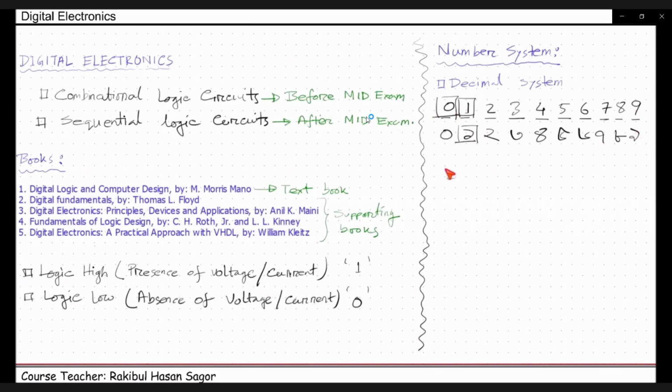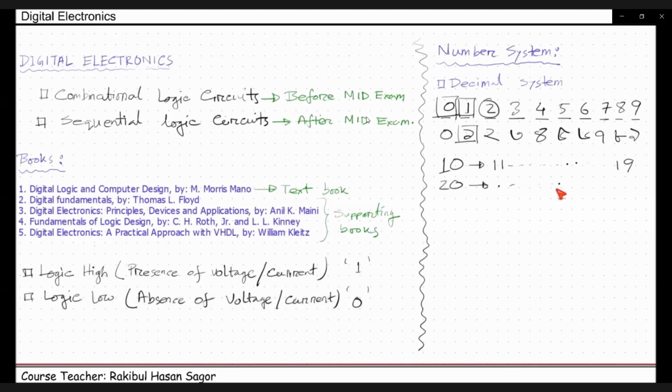We take help from these two symbols, and in this way we proceed. The next number will be 11, and so on up to 19. After that, for the next number we use 2 and 0. In this way we proceed.